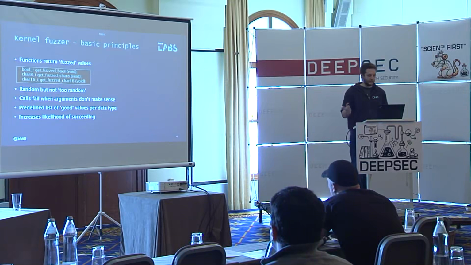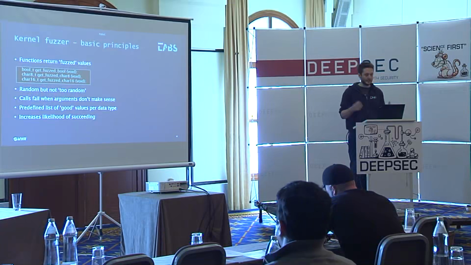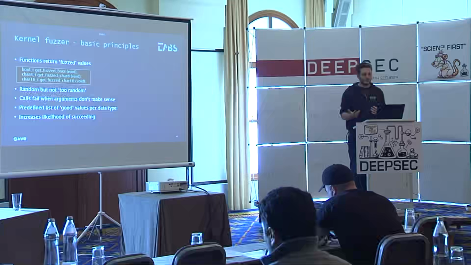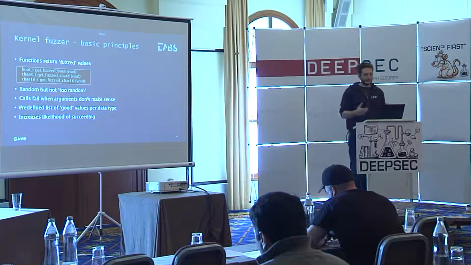So instead we changed this to be a predefined list of good values per data type, which increases the likelihood of a call, particularly things like syscalls, actually succeeding. And if a call's succeeding, then that's more chance of us finding bugs. If a call just fails out really early on, we're never going to find bugs. So when doing kernel fuzzing, it's quite important to make sure you're providing reasonably valid data. Otherwise, it's just not going to work.